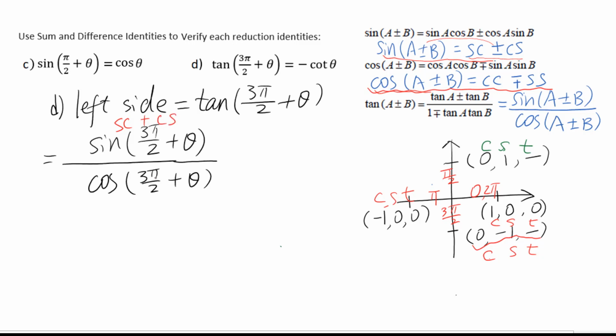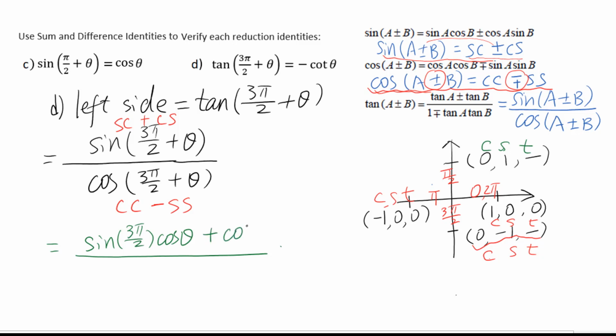For cosine 3 pi over 2 plus theta, you will get CC minus SS. So we can get sine 3 pi over 2 cosine theta plus cosine 3 pi over 2 sine theta.